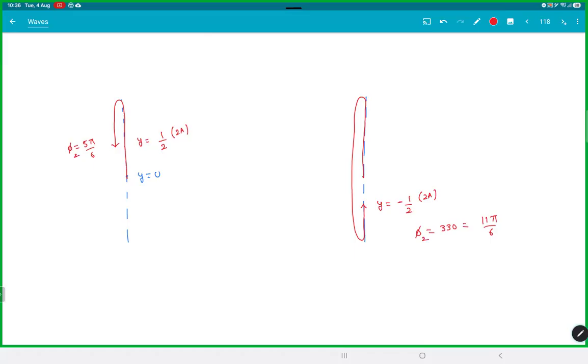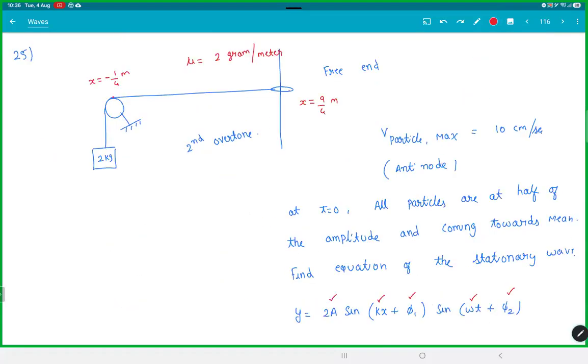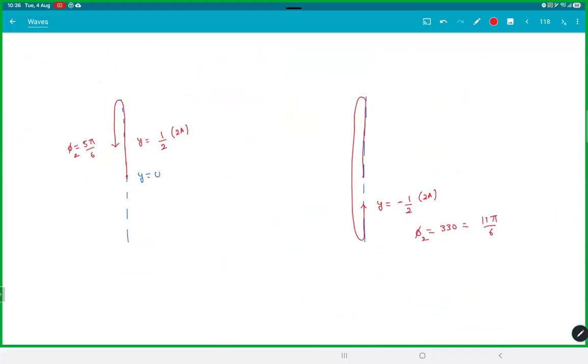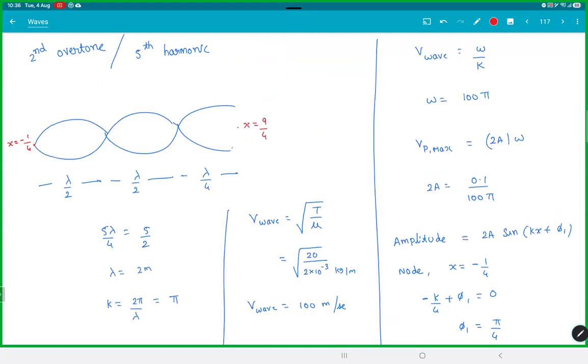Since you didn't tell me whether you are above the mean position or below the mean position, I should take both. Because the question simply mentions you are at half of the amplitude and coming towards the mean. You can be above or you can be below and you can still come towards mean. Is this clear, everyone? Yeah, I got the wavelength part wrong though. This is how you combine everything and you get a wave equation. This is how they can play around.